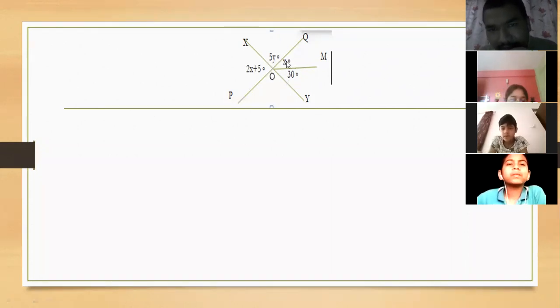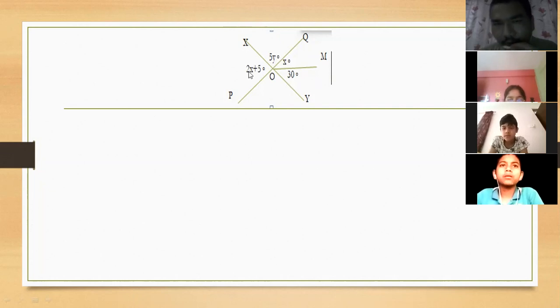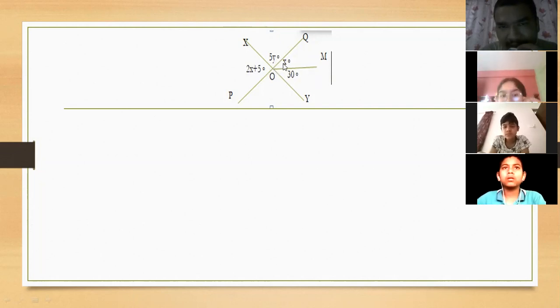This right side is x plus 30 and the left side is 2x plus 5. These are vertically opposite angles. And when we solve them, we have to forget this OM line and add these two parts, because when you add this x degree and 30 degrees, you will get this whole part.